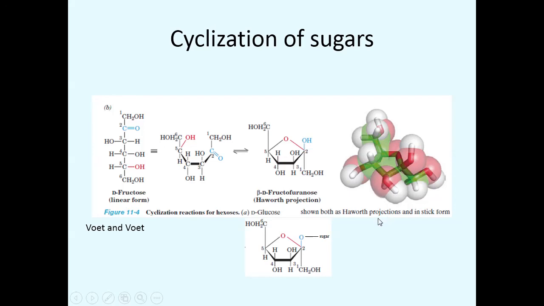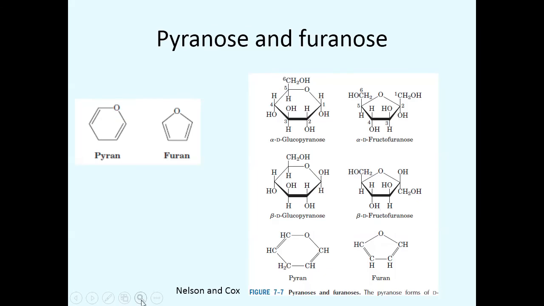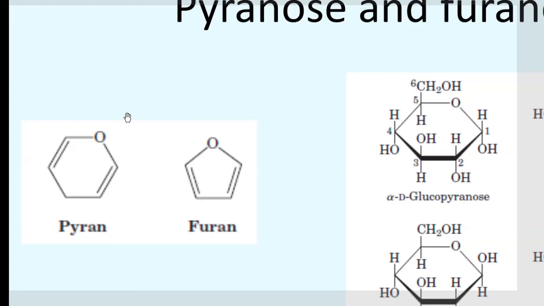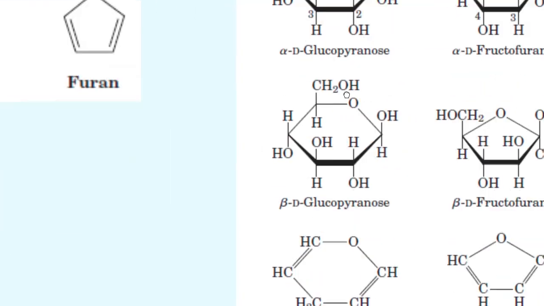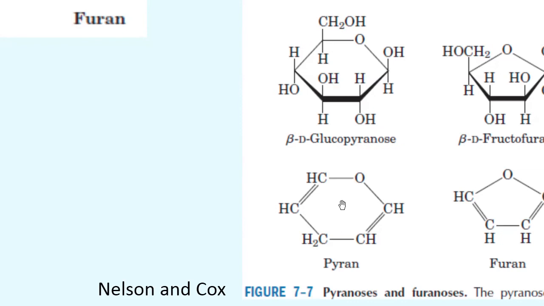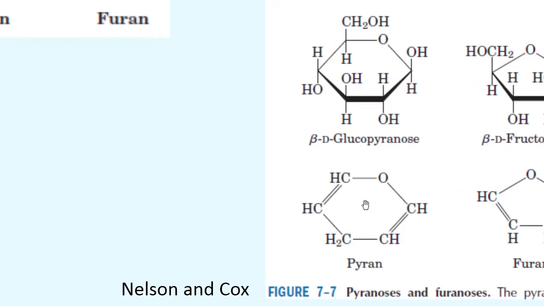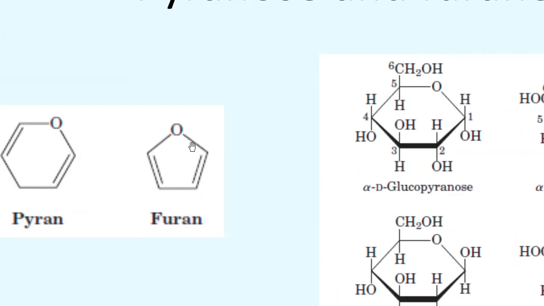A chemical compound having a 6-cornered ring with an oxygen atom in the ring is called pyran. Since the cyclic structure of glucose resembles pyran, it is called glucopyranose. Generally, those sugars which form a 6-cornered pyran-like ring are called pyranoses. For example, glucopyranose, mannopyranose, galactopyranose. A 5-cornered ring with one oxygen atom is called furan.